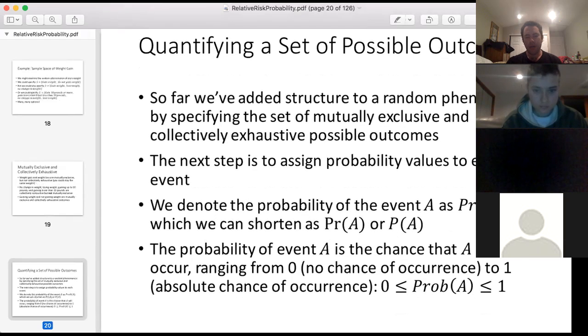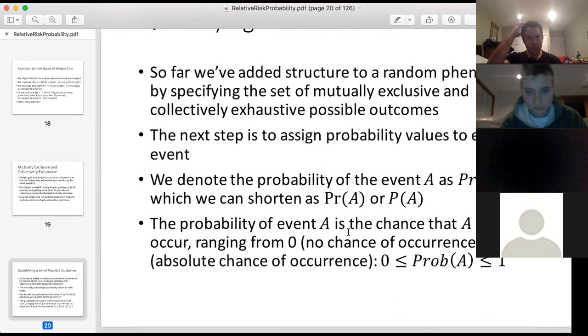So there's a lot of notation used in probability. When we talk about the probability of an event, we usually denote it with shortcuts. Instead of writing out probability of an event, which would take a long time, we can simplify that by shortening it to probability of A, the event A, which we can shorten to PR(A) or P(A).